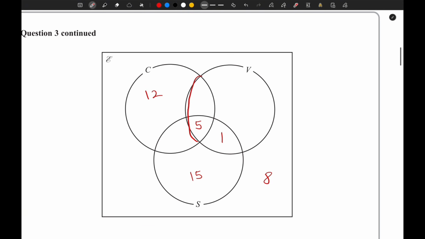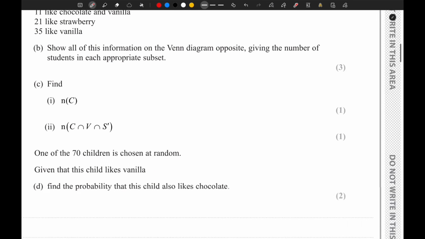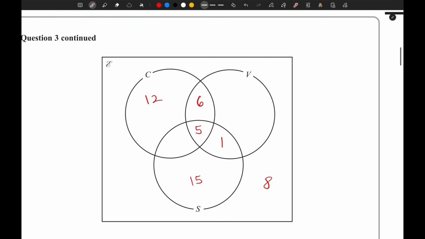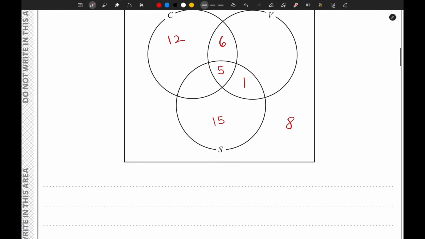So this region is 11, which means this will be 6. 21 like strawberry, so this whole thing is 21. If I subtract 5, 1 and 15 from 21, I get 0. So this will be 0.